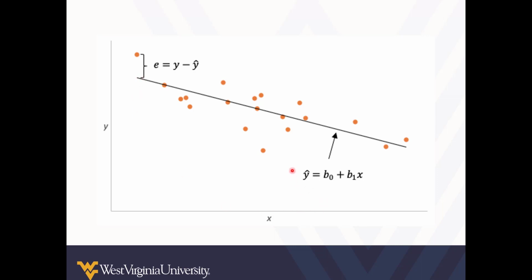And when we're estimating our regression line, we put a little hat on y to say that this is an estimate of y. This is not an observed value. This is an estimated value.